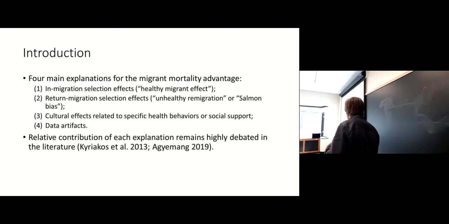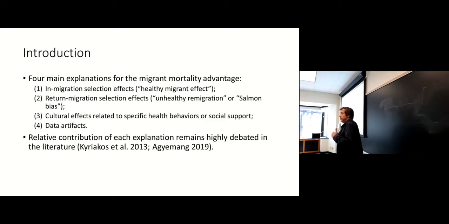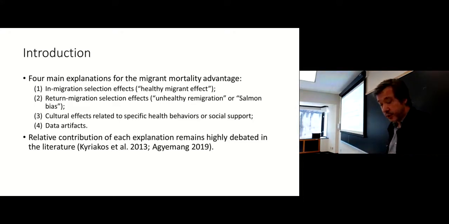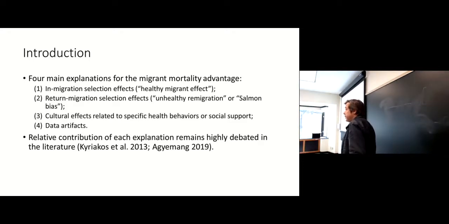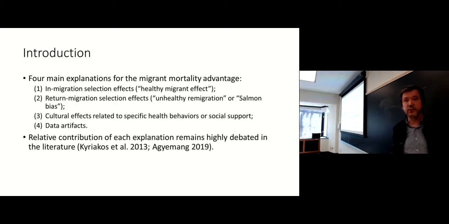Moroccan immigrants, in part because of religious or cultural factors, have lower levels of alcohol consumption than natives. And alcohol consumption is, of course, generating a pretty large burden of disease and mortality in all these countries. So natives actually drink more than these immigrants, and that contributes to lowering the mortality of Moroccan immigrants, for example, compared to natives. And that could explain why they have lower mortality.